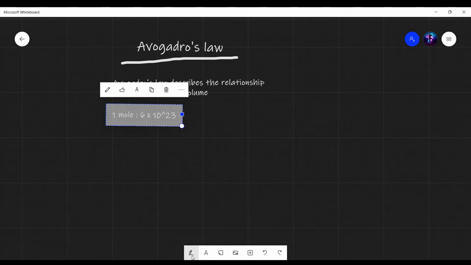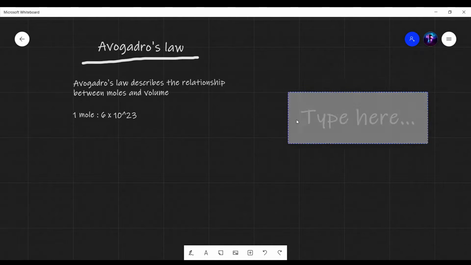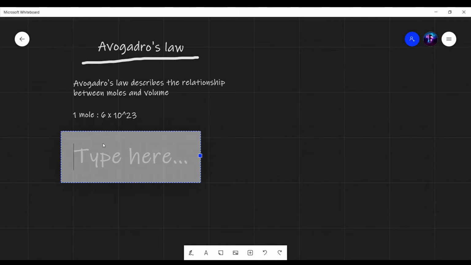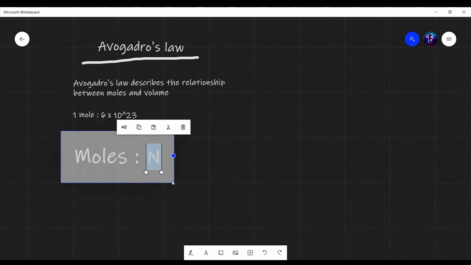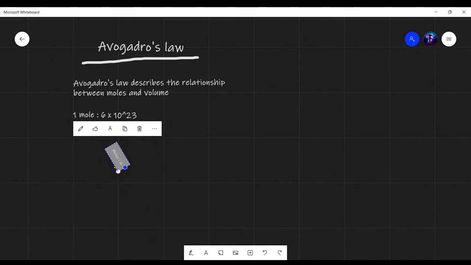And moles are symbolized like this. So moles, when you're writing, you're going to use this N as moles to symbolize it. So you can take a second to copy those down.